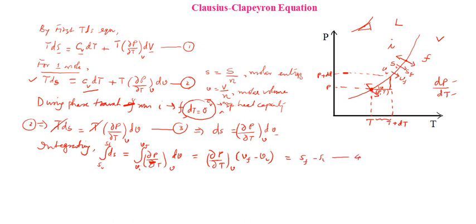Now, all along the phase transition curve, P is a function of temperature alone.